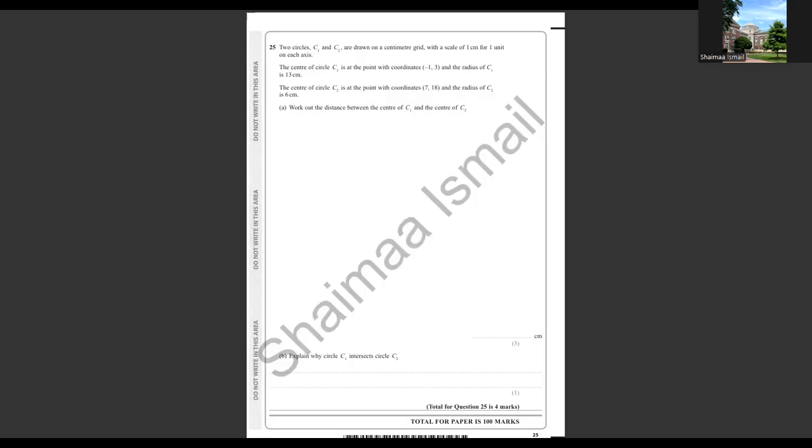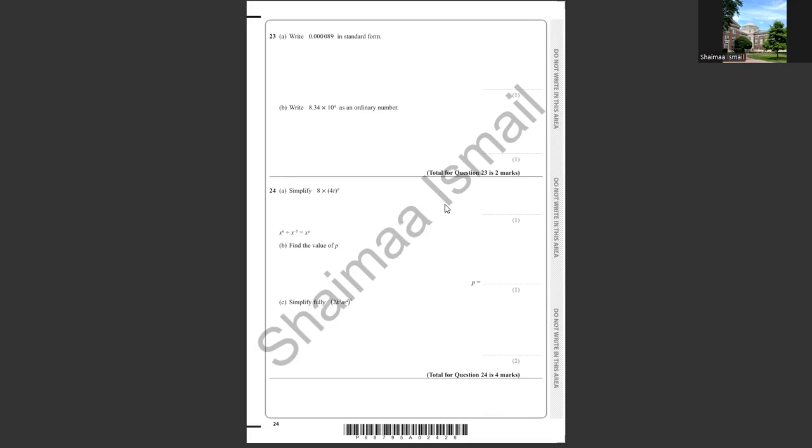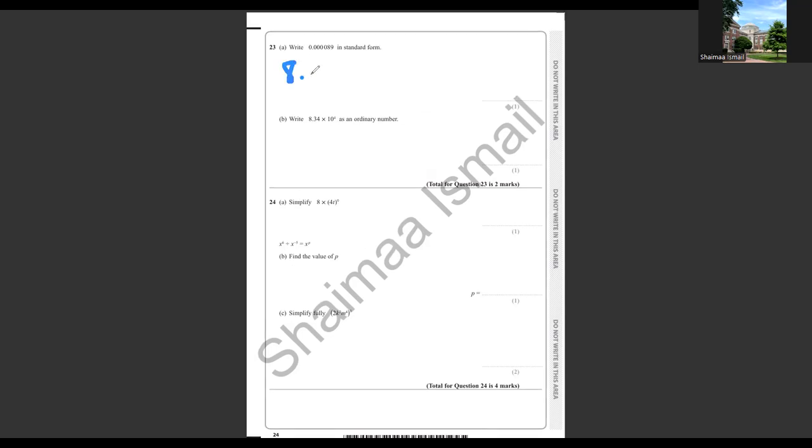And here we have question number 23. Standard form, times 10 to the power. We have to write only the units of the number, which will be 8.9, multiplying by 10 to the power. We need the power, and this power is according to the number of places we are going to move the decimal point until the 8 reaches here.